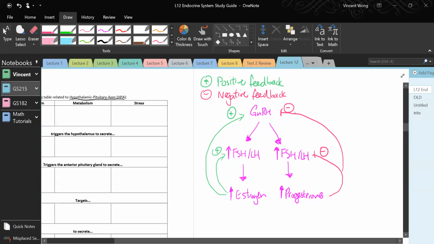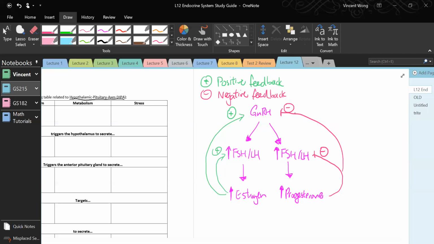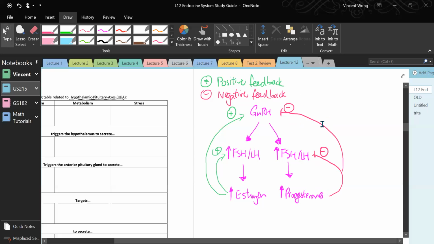Like a thermostat, you set the temperature at 20 degrees. If the temperature goes down to 18 degrees, it's going to trigger the heat to come on. But once you reach 20 degrees, you will shut off the heat. So that's what negative feedback is.